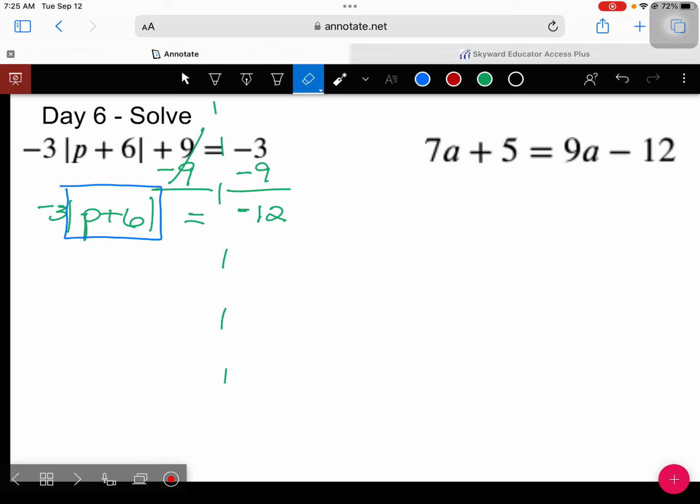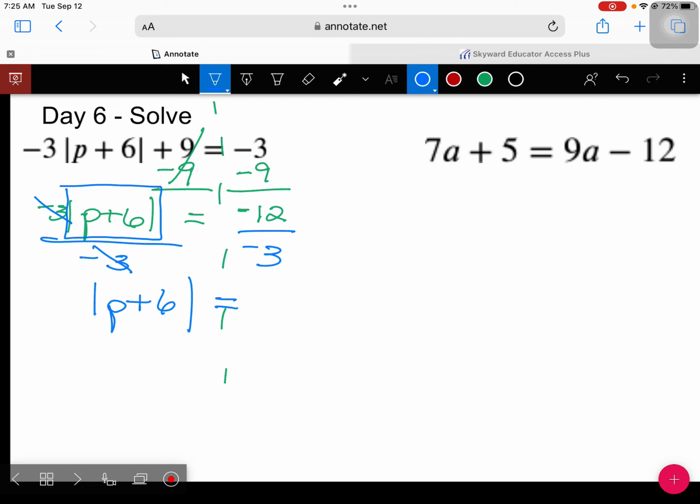We don't distribute when you have absolute values. So we divide by -3, divide by -3. The -3's cancel out.